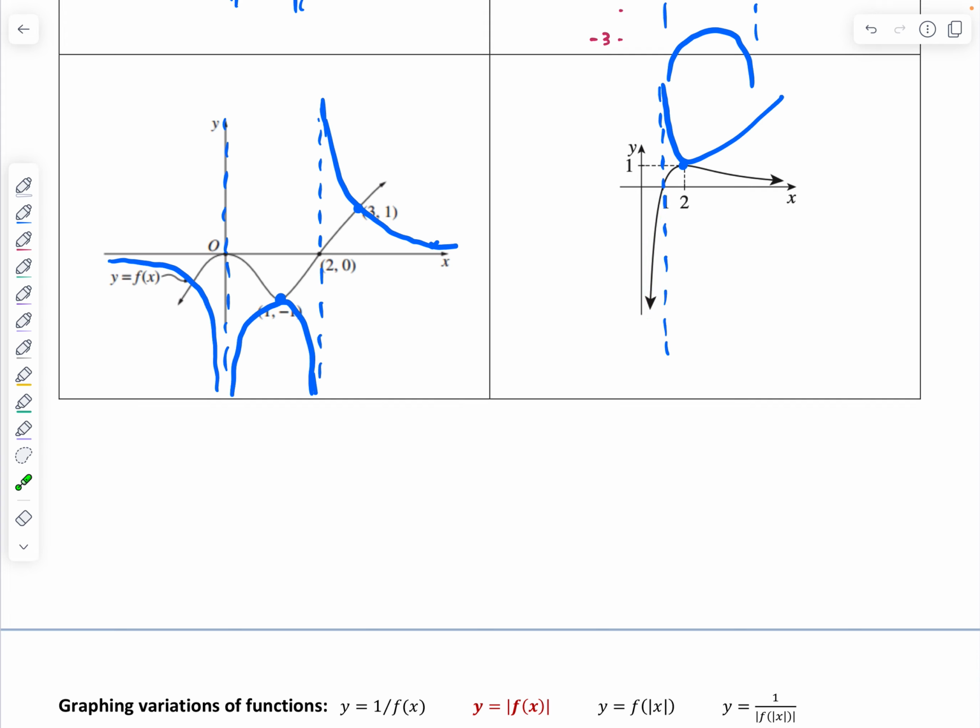Although it looks like maybe, I think we're expected to believe that the y-axis is an asymptote for this. That's my interpretation. So it's more interesting for us to say that it is.